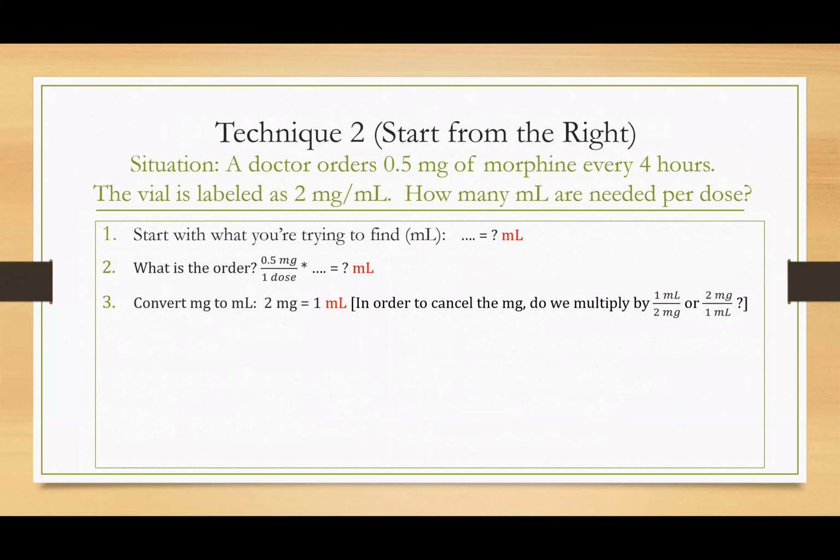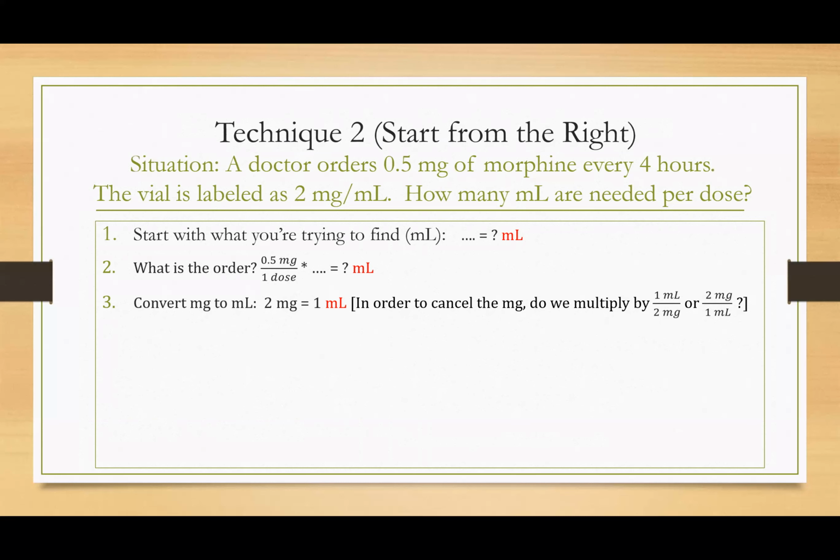The conversion we need to go from milligrams to milliliters is that our vial is labeled that 2 milligrams is equal to 1 milliliter. So we need to decide, are we going to multiply by 1 milliliter divided by 2 milligrams, or 2 milligrams divided by 1 milliliter?